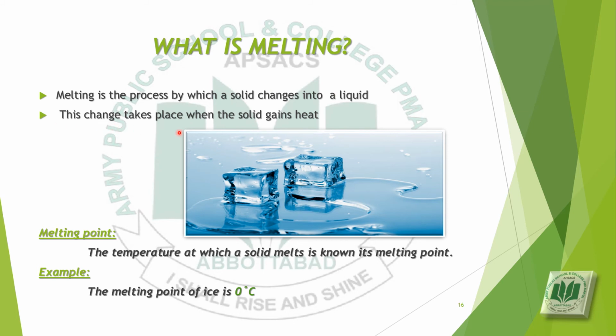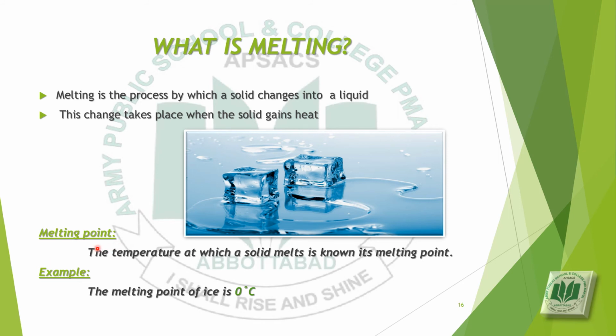This change takes place when the solid gains heat. Here we have an example of water. When water is in ice form and it starts to convert from ice cube to melted form, then we can say it is melting of that material.